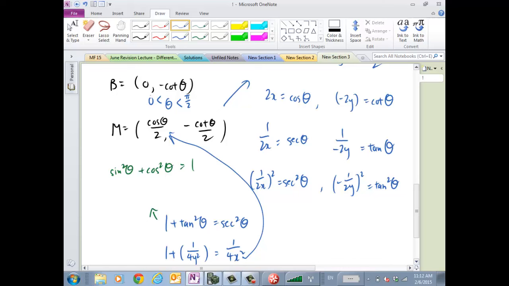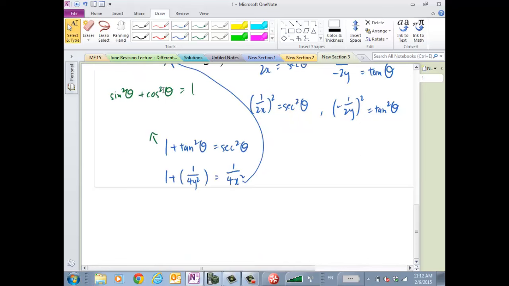So if it is between 0 and pi over 2, cosine theta is between what? You all know? 0 and 1? Because it's in the first quadrant, 0 and 1. And divided by 2 is actually between 0 and half. So there is a condition for x. In this case, your x value is between 0 and half. You have to put this down, okay?